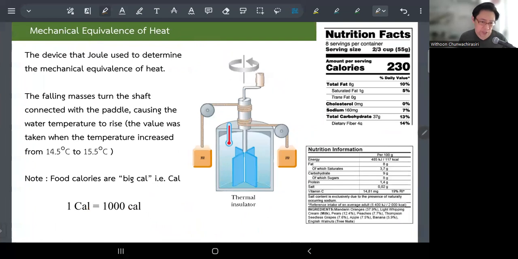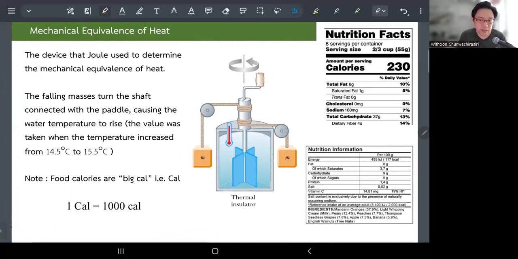And James Joule himself is the one who showed that the heat that physicists or scientists back in history got confused about. At first, there's no understanding about what is heat and what is energy. All those things were sort of still not the same thing. So there was a time that energy was still a very loose concept.